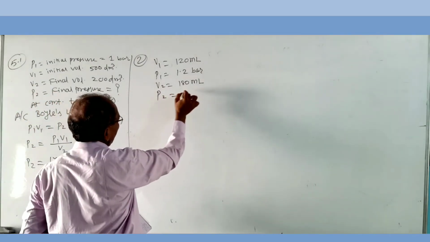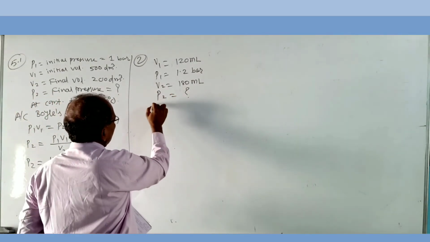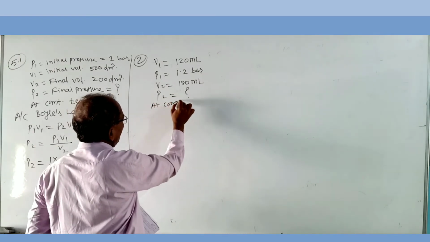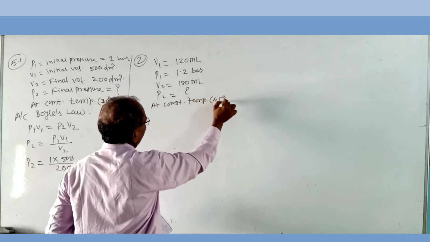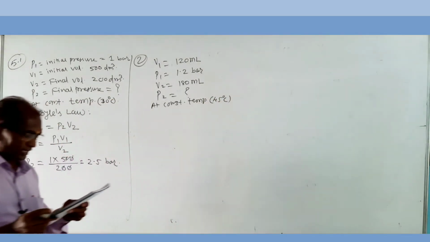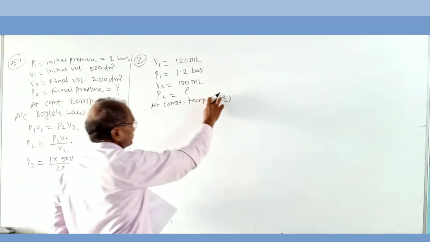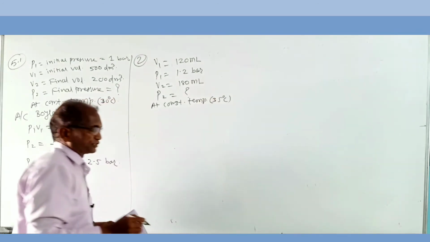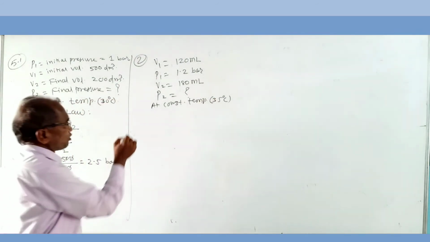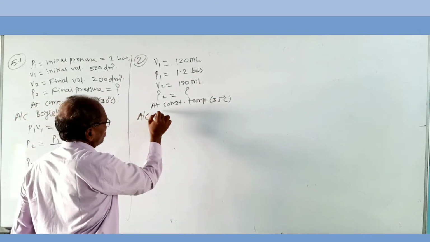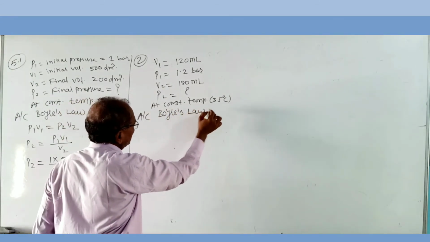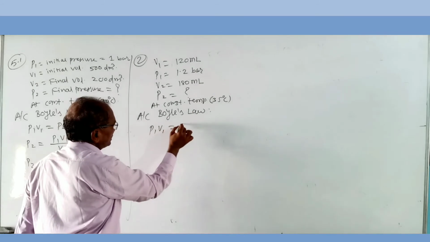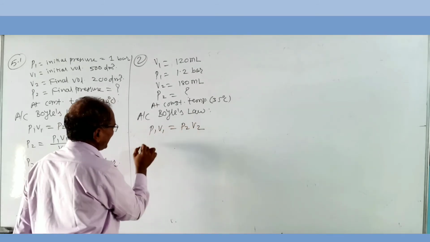Means again here we have to calculate P2 at constant temperature of 35 degrees Celsius. Constant temperature means Boyle's law. According to Boyle's law, P1 V1 is equal to P2 V2.